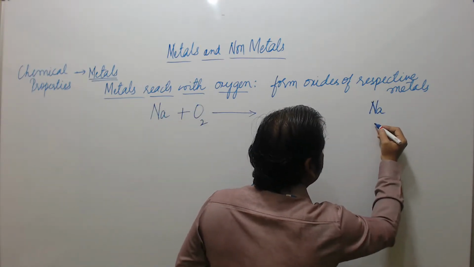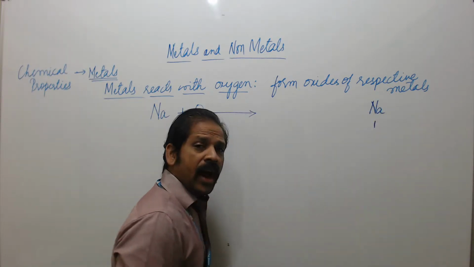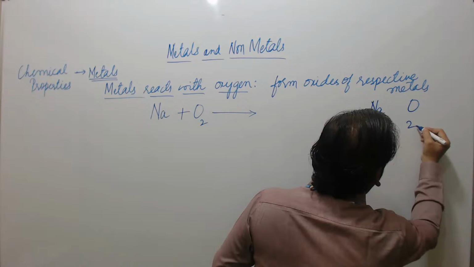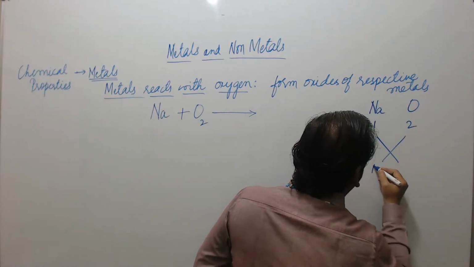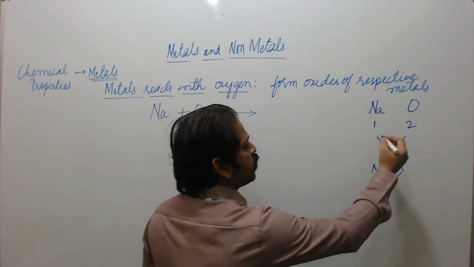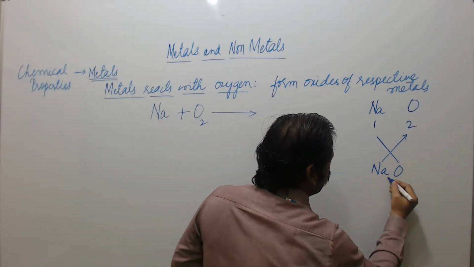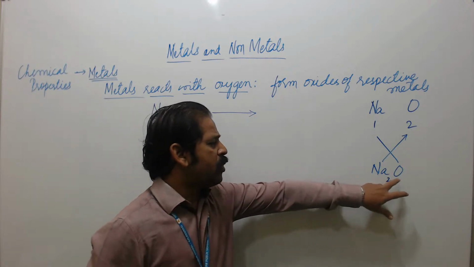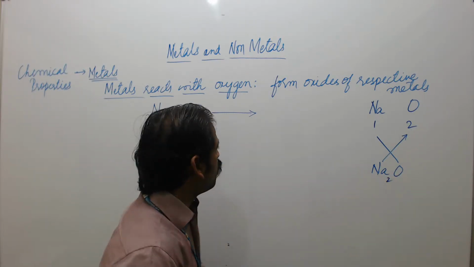Sodium valency is 1 and oxygen valency is 2. Sodium will get this 2 valency. Yes, the formula of sodium oxide is Na2O.